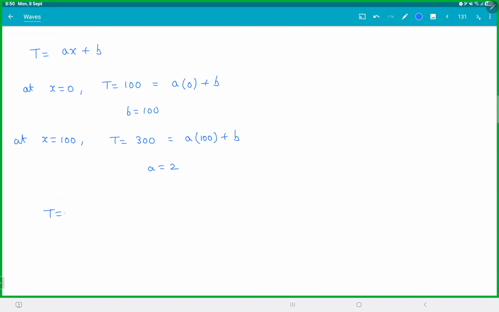So temperature is 2 into x plus 100. Got this? That is the easiest one.